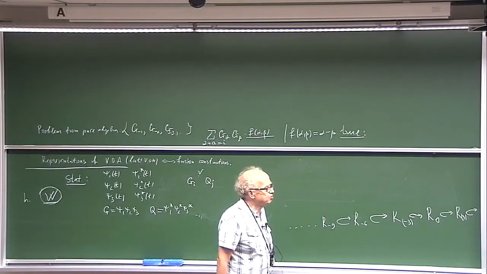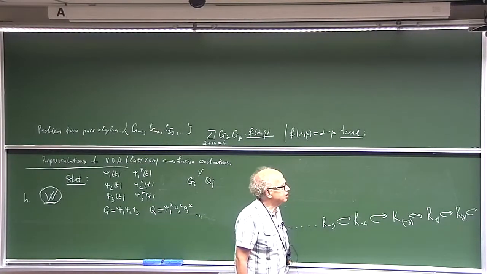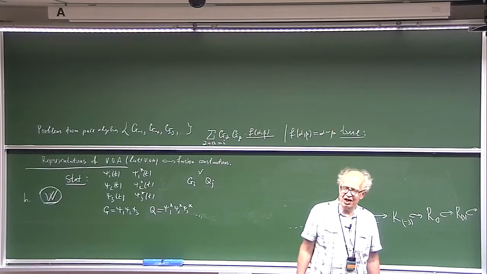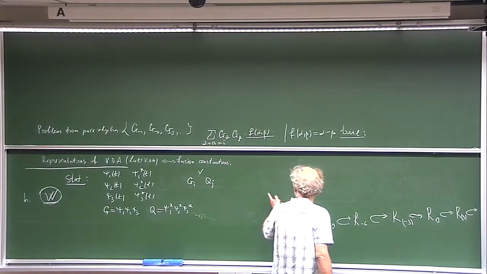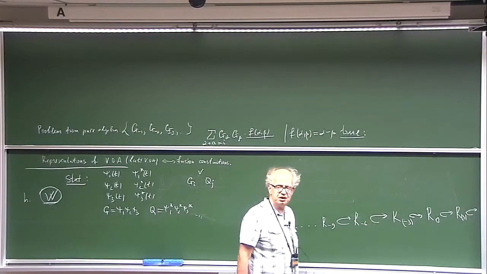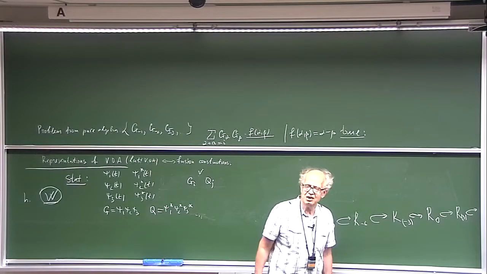And on this space, I want to determine as explicitly as possible the action of operators G_i, which are skew-symmetric and satisfy the condition which was there.